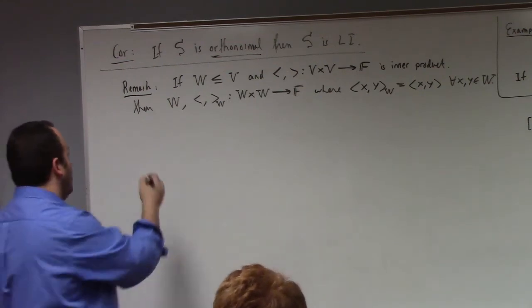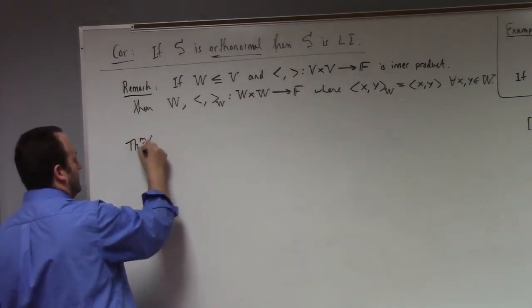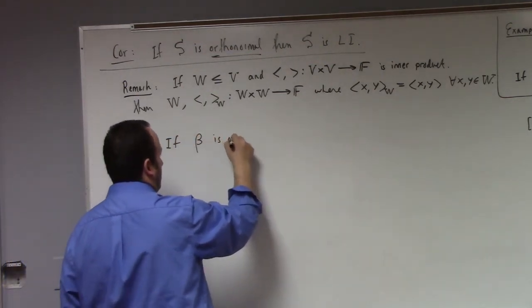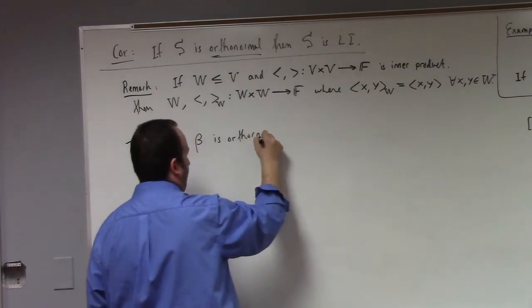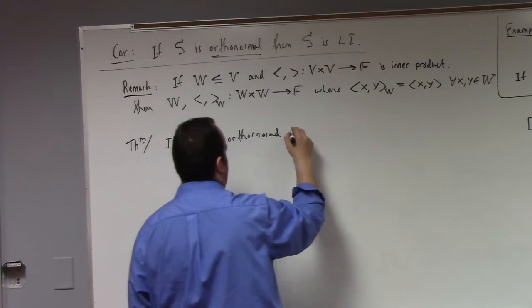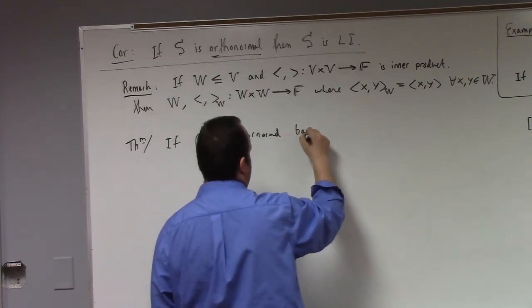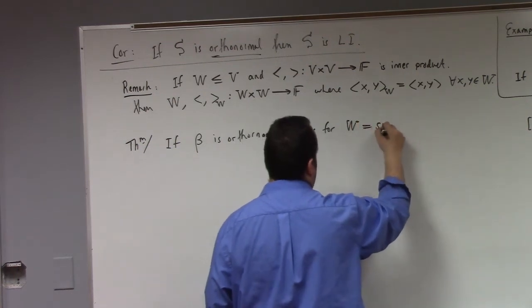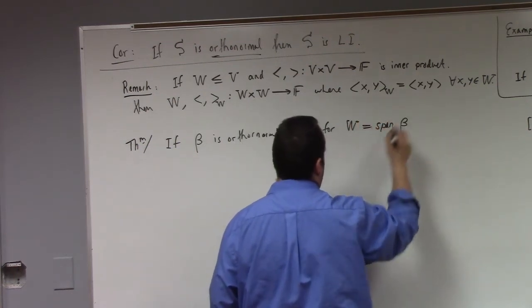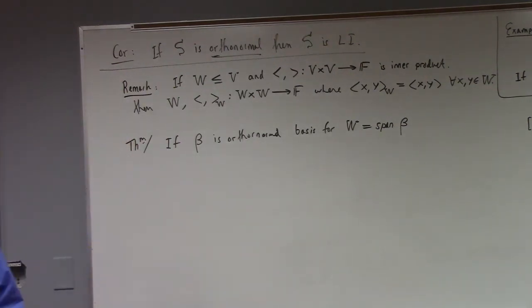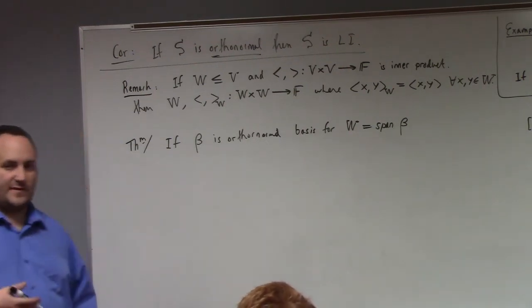Okay. Another theorem which is important to us is that if beta is an orthonormal basis for W, I'll state this theorem for a subspace. This is all happening inside some larger vector space conceptually, and in that larger vector space is an inner product.